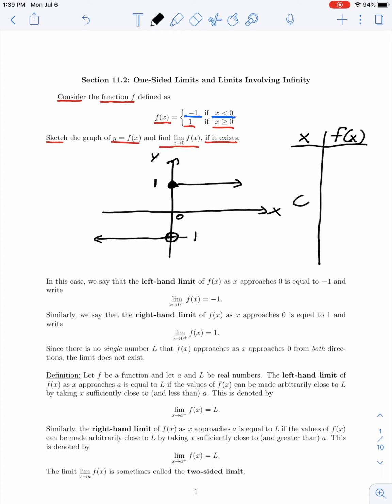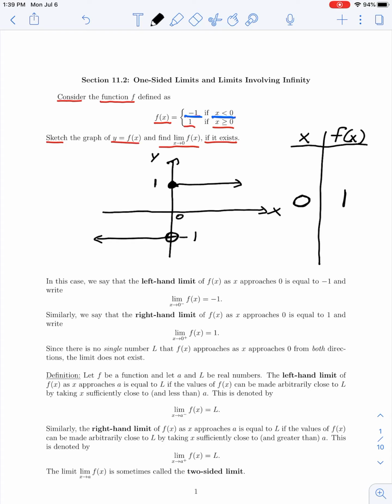So here, if we're considering approaching 0, well, at x equals 0, our function f of x is defined as 1. Now let's say that we're taking values of x which are close to 0 but not equal to 0. So remember, that's the idea behind a limit.